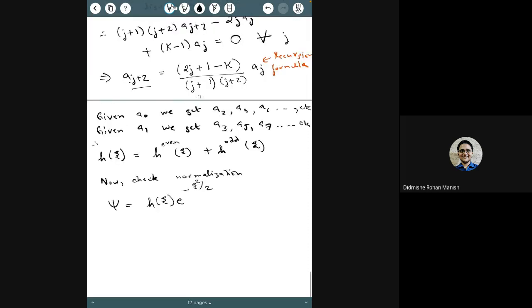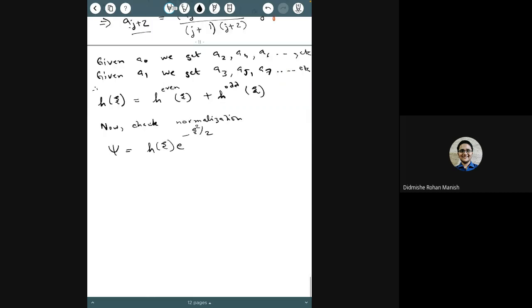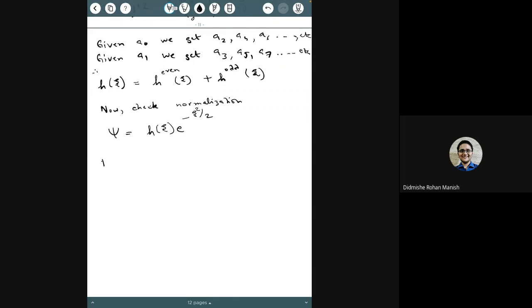Can we figure out if the coefficient has some form which is directly related to j? So for large j, which means for the last few terms of the series, let's say.